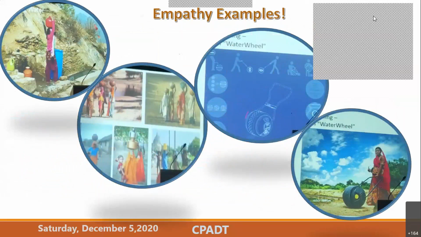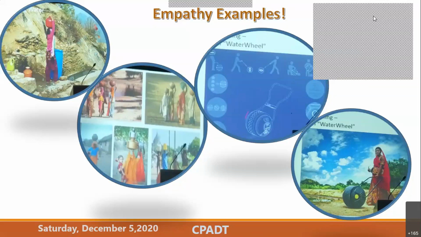This is another example of empathy. The same way as I talked about the ladies who have been walking long distances for fetching water. In this case, on the last figure on your right hand side, if you see, they came up with some pulley which could drag the water to a certain distance.